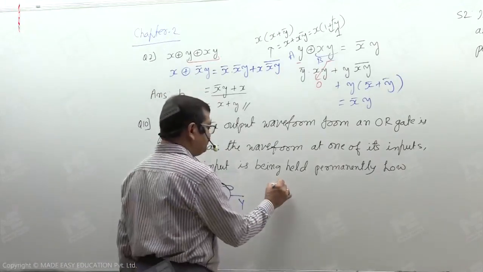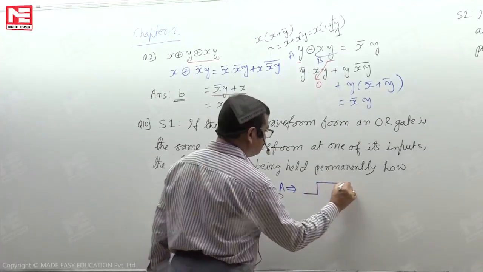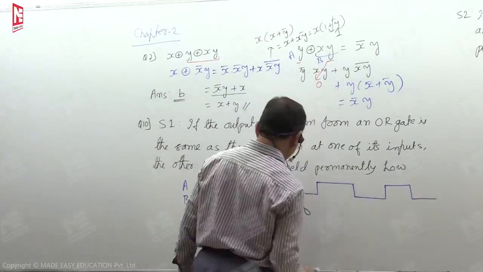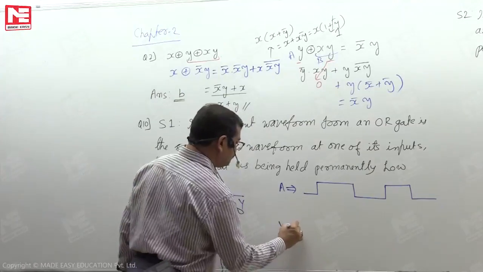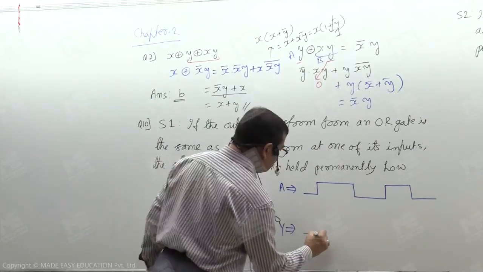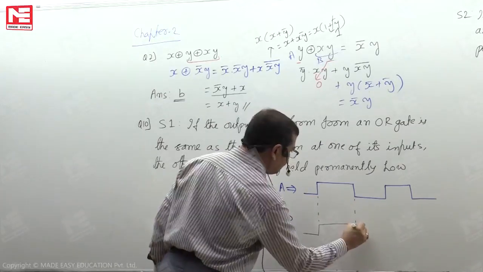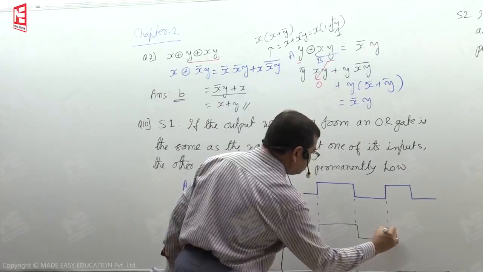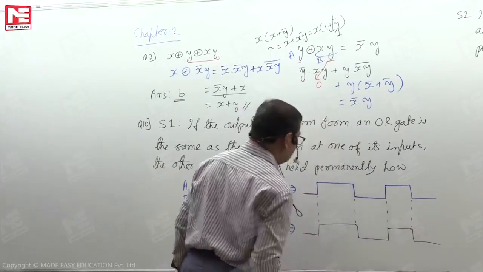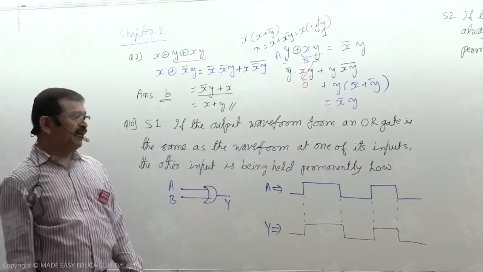Suppose I am having the input A waveform as something like this. And we want the output from this OR gate to be the same as the input A. Then based on the statement, he is mentioning that this is possible if the other input is held permanently low.